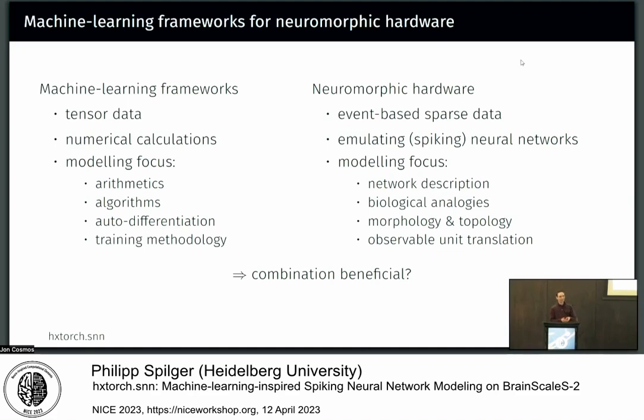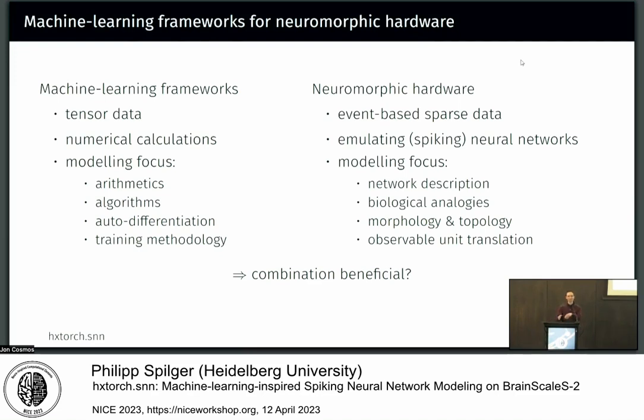The modeling focus is not so much on the arithmetics, because that we ingrain in our hardware, but more on how we can describe the networks and what the biological analogies are. What is the neuron, what is the synapse, does it have the same properties as our biological neuron, or different ones? We also typically talk about the morphology of the neurons and the topology of the network as a whole, more so than on the machine learning side.